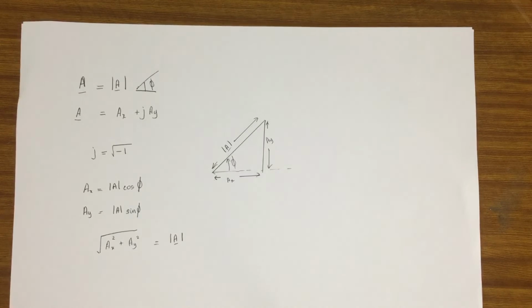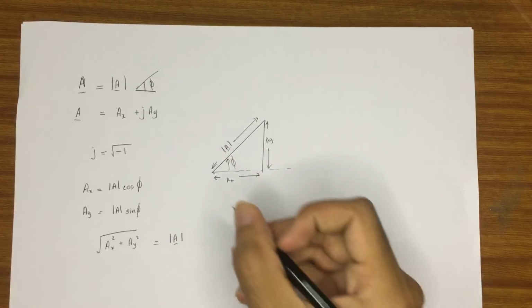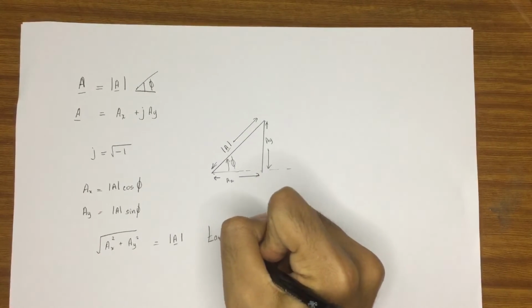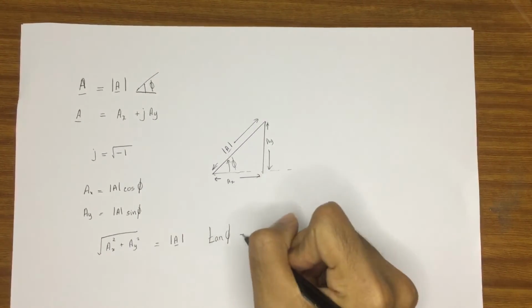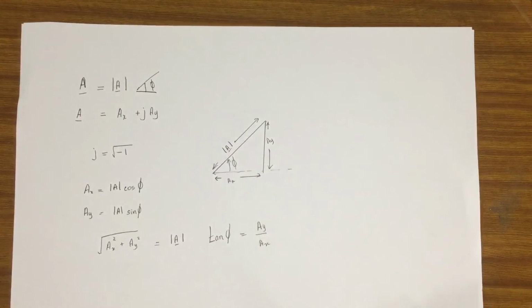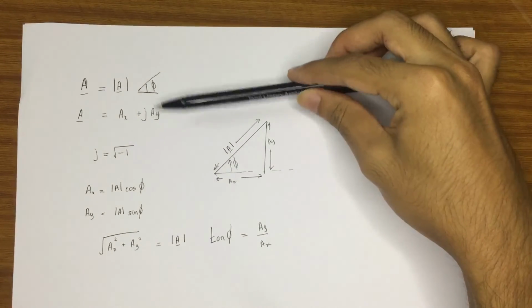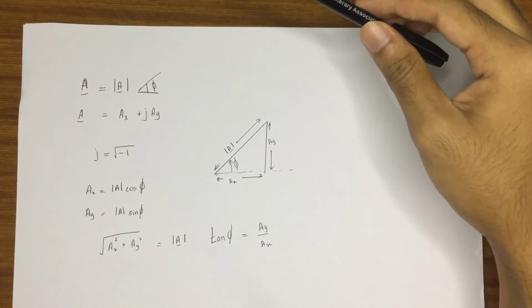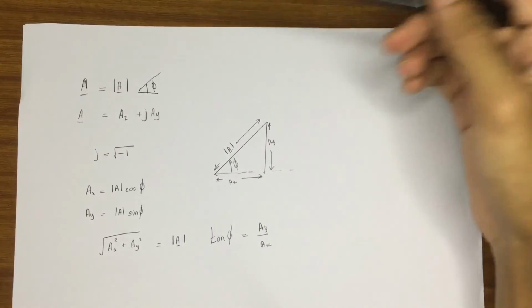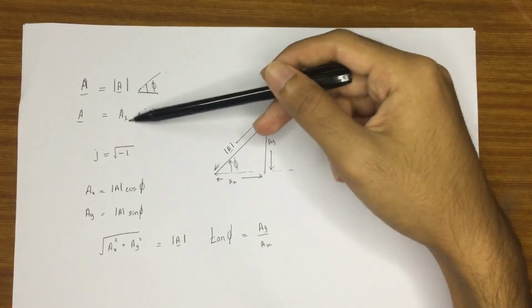Likewise, you can find the phase angle by using the trigonometric function. Let's say tan phi would be equal to AY over AX. The main part is we can use either this form or this form. However, in the question they might ask to change from the polar form to Cartesian form.